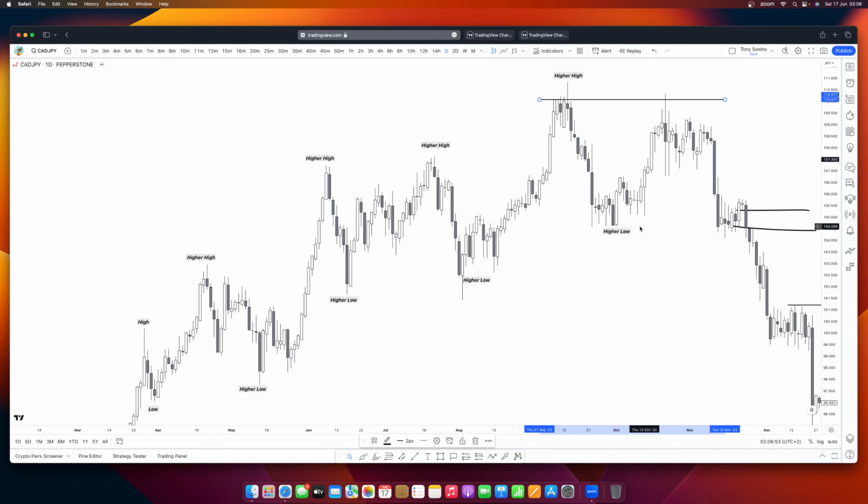Exactly. So this is not a higher low, except we're looking at the structure within the structure, again, which you will be learning later. But you just keep it simple: higher highs and higher lows, and higher highs and higher lows. So this is an example of an uptrending market on CAD JPY.